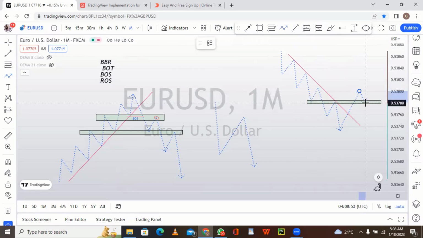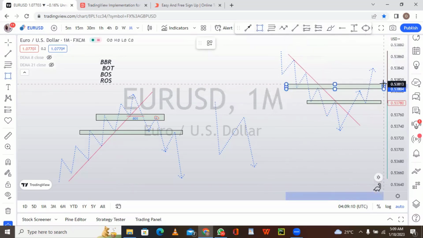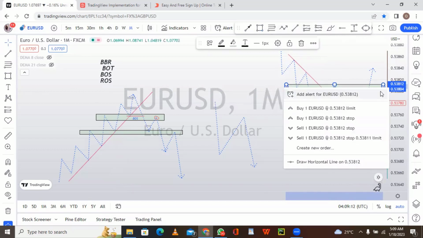Like I said, you can actually make an entry from here, or if you are the type that wants to see other good reasons why you should make this entry, you can also wait for multiple breaks of structure. For example, you can observe that there is a structural level here that got violated by the market.